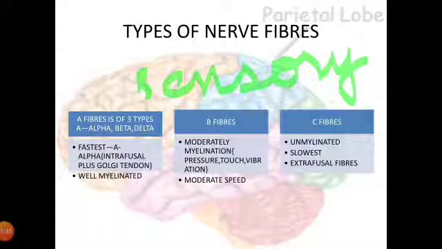B type fibers have moderate myelination, therefore they have moderate speed of conduction. A type fibers have further classification into A alpha, beta and delta. A alpha fibers are fastest, therefore they innervate the intrafusal part of the muscle and Golgi tendon organs. Whereas other types of sensory stimulation like pressure, touch, vibration, 2-point discrimination are carried by the B type of fibers.